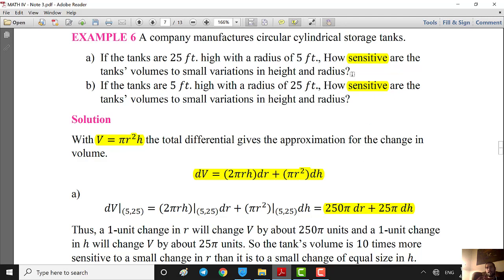The question asks about the sensitivity of the tank volumes to small variations in height and radius. By looking at this formula, we see that a 1 unit change in R will increase V by about 250 pi units, right?